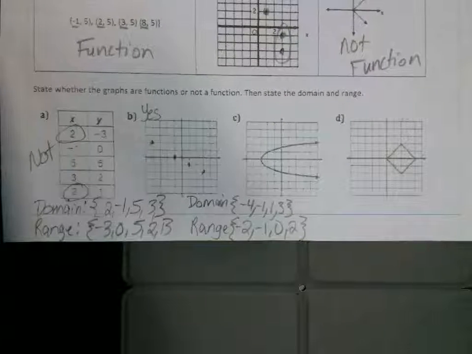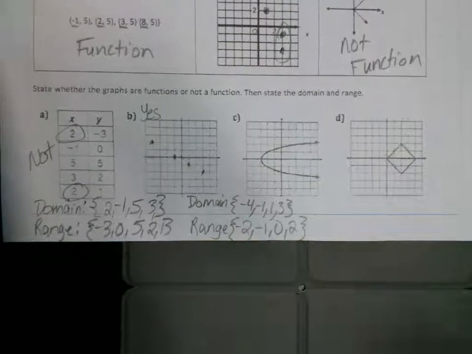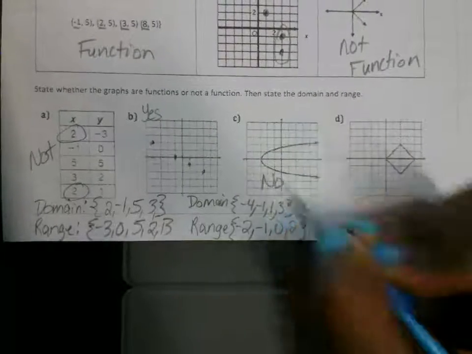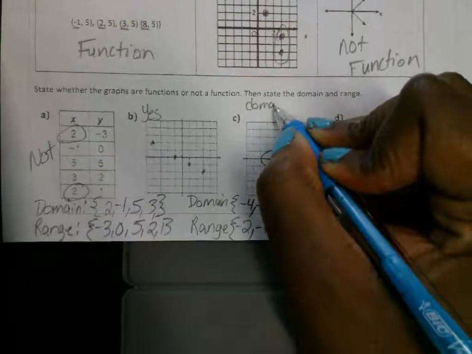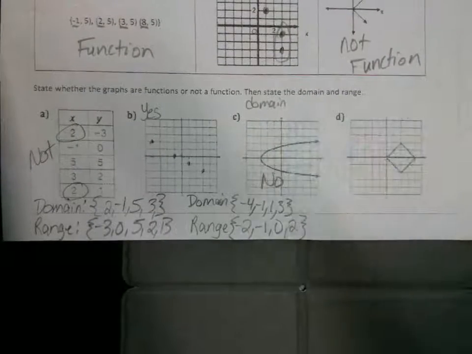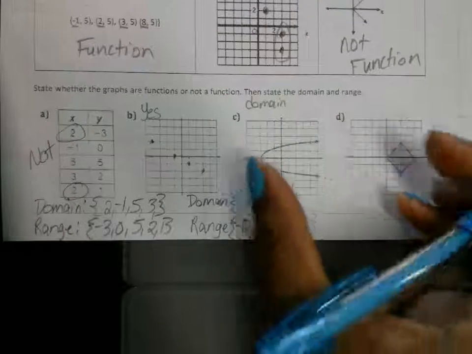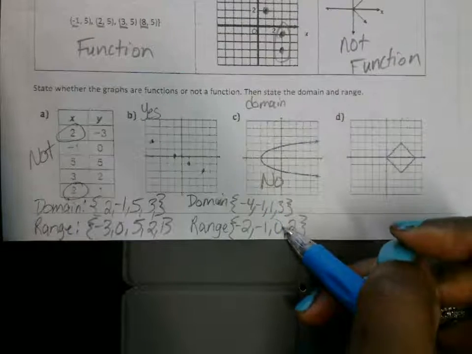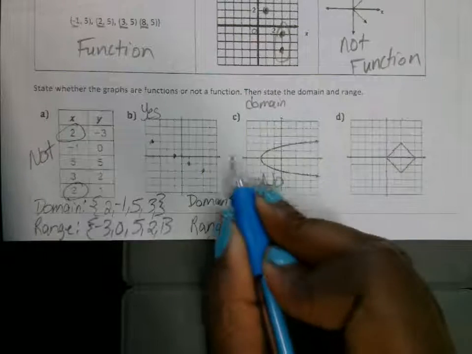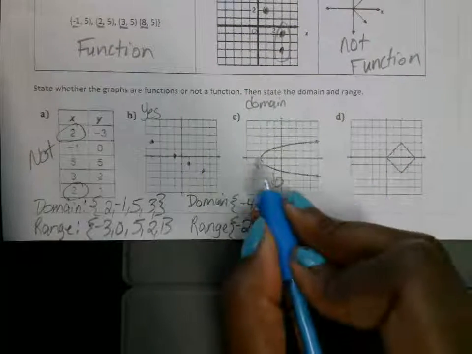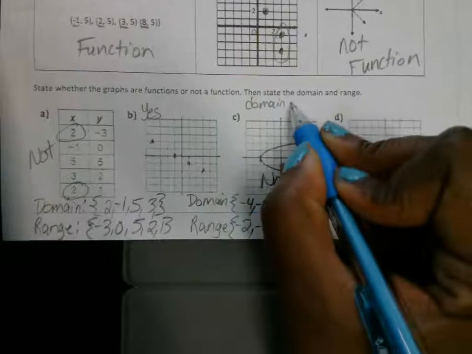Is C a function or not a function? Not a function. This is a no. All right, so let's do our domain. They're not points, so we have to do an inequality. That's the width. What's the smallest x value? That's on the left, right? All the way to the left. Negative 3 is the smallest.